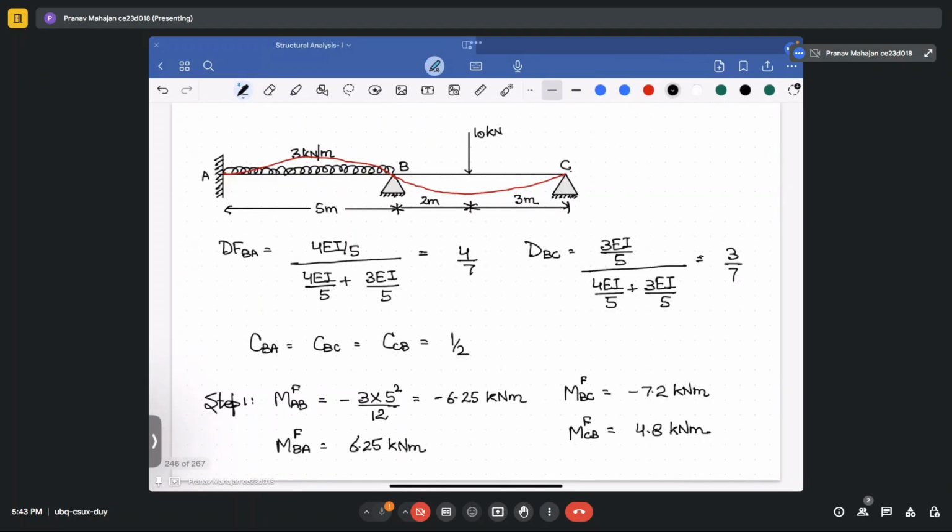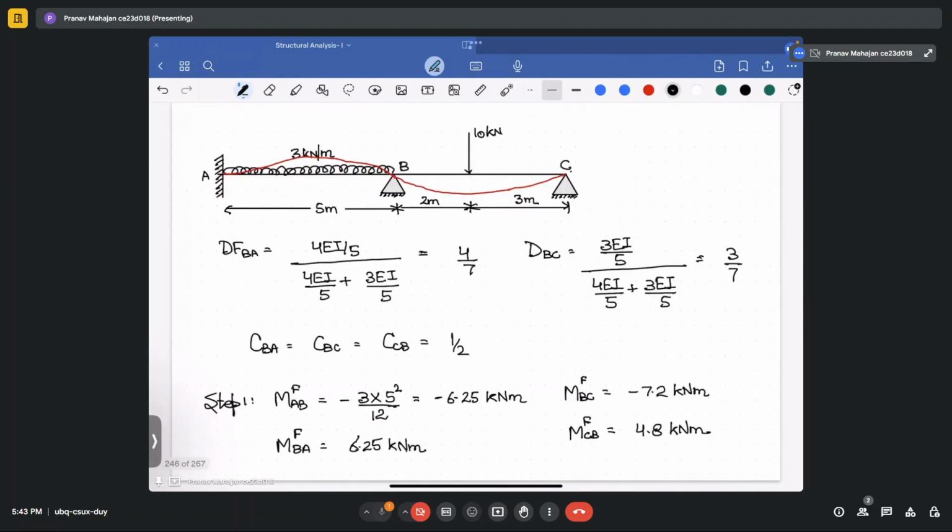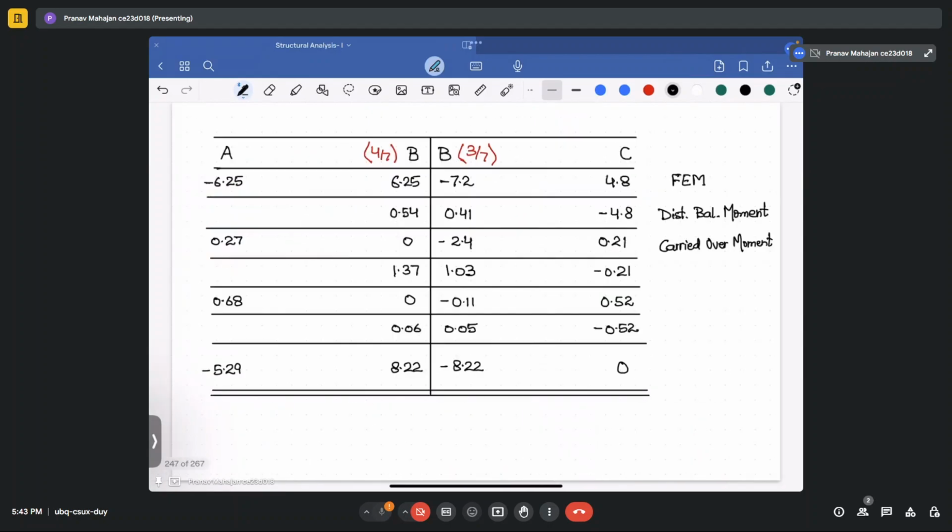So we started with one problem for a continuous beam. We determined the distribution factor and carryover factor, and then based upon the fixed end moments available with us, we first wrote the fixed end moments. Then we wrote the distributed balancing moment, and then we carried over the moment to the other ends.